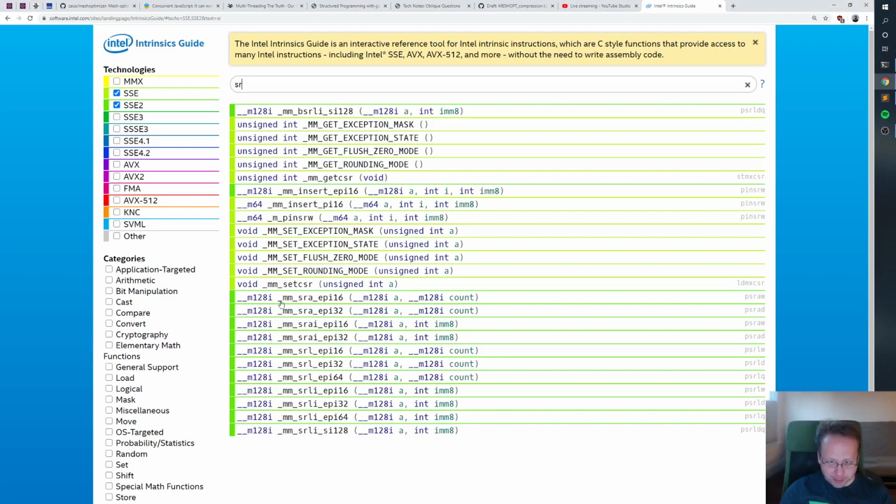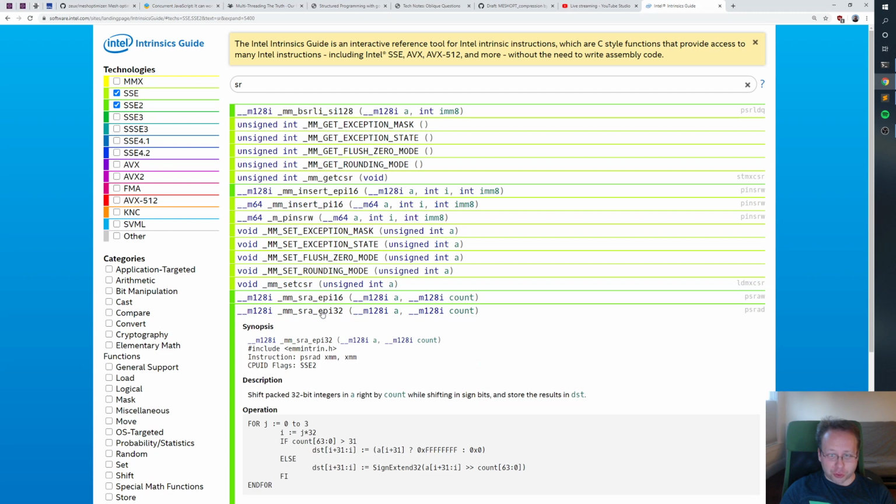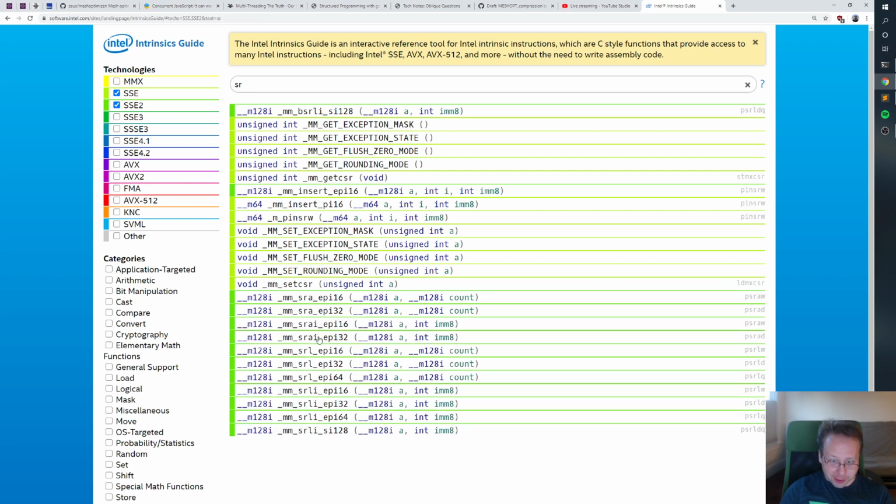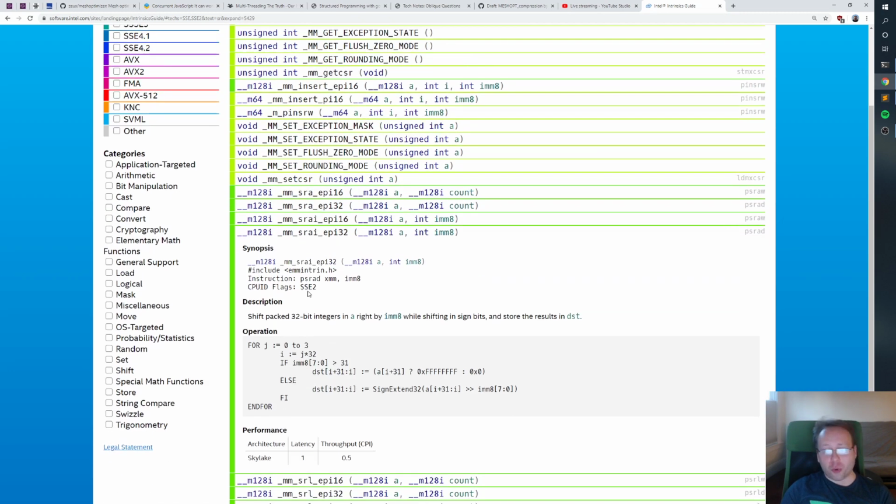What is this? Arithmetic 32-bit. No, not this one. Damn it. This one. Okay, cool. There's an intrinsic that maps to one instruction. It takes one cycle of latency, and you can do 2 of them per cycle on Skylake. And it even shows you in pseudocode, which is not very readable, but what can you do, what the instruction actually does.